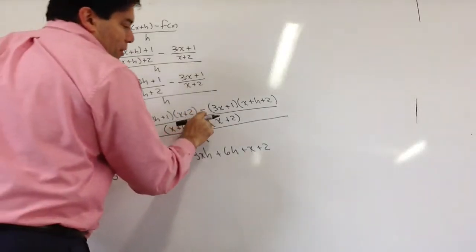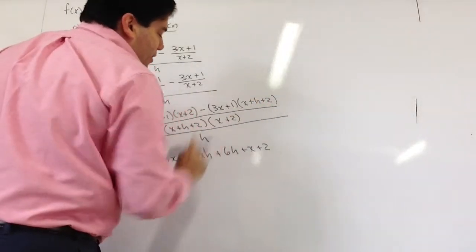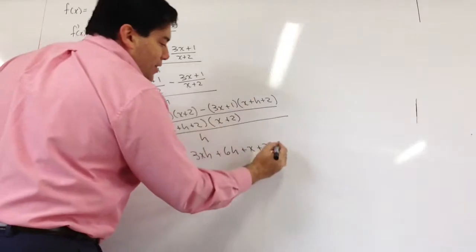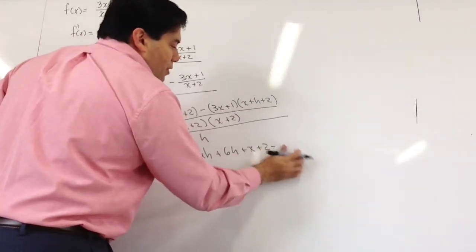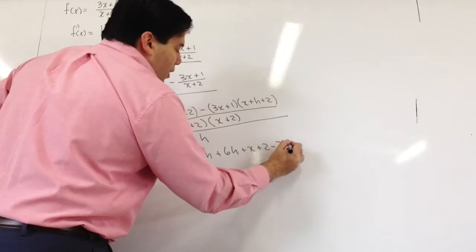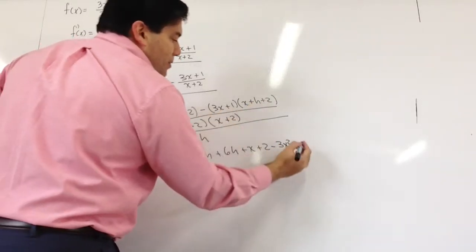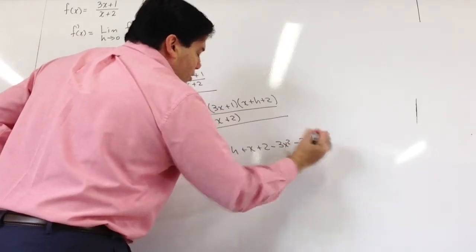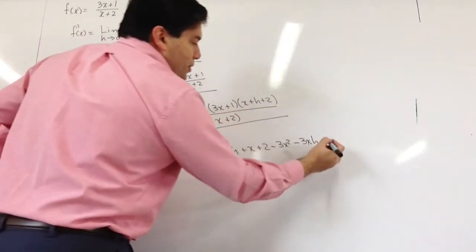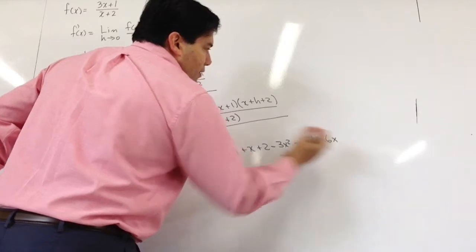Now I have to distribute the negative. So negative 3x times x is negative 3x squared. Negative 3x times h, negative 3xh. Negative 3x times 2 is negative 6x.